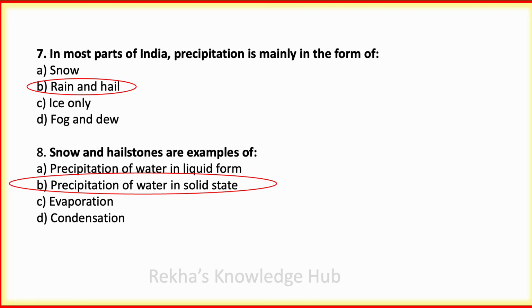Precipitation of water in solid state means water falling from the sky in the form of ice, not liquid. So, snow and hailstones are examples of precipitation of water in solid state. Snow means soft white flakes of frozen water. Then hail, hard balls or lumps of ice.